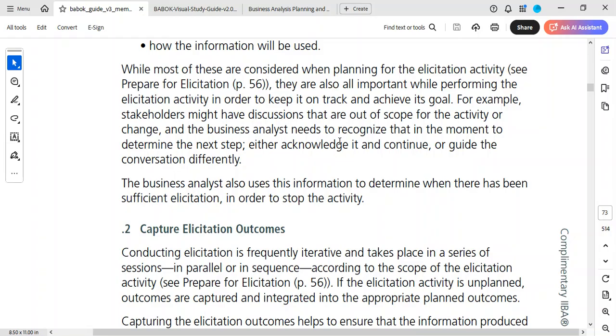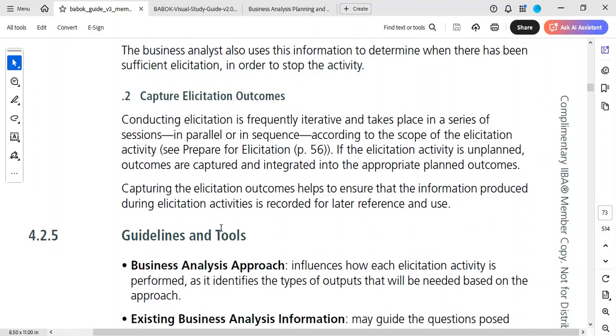And the business analyst needs to recognize that in the moment to determine the next step, either acknowledge it and continue or guide the conversation differently. The business analyst also uses this information to determine when there has been sufficient elicitation in order to stop the activity. Yeah, just like I mentioned, diplomatically bring us back when people are veering off.